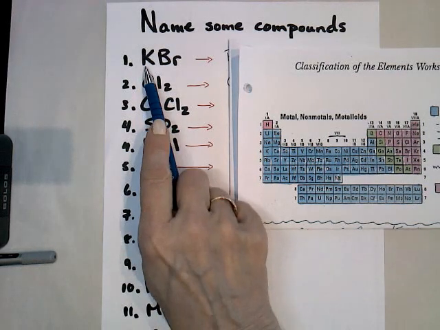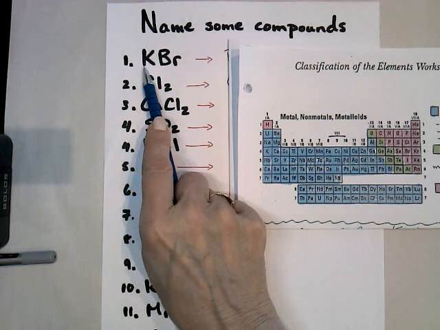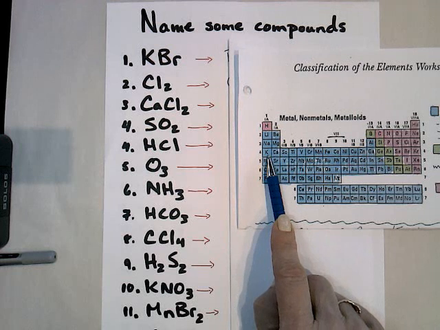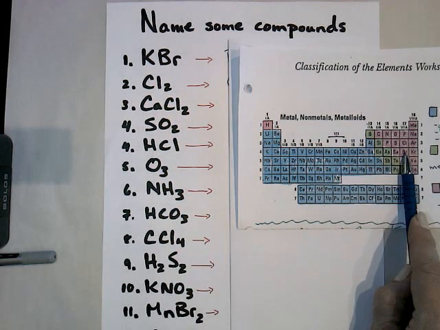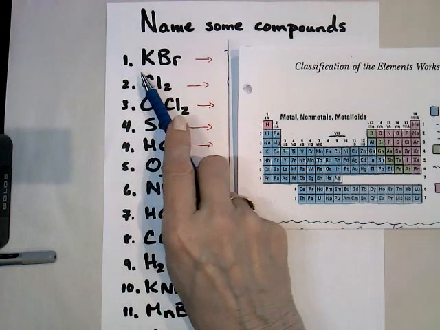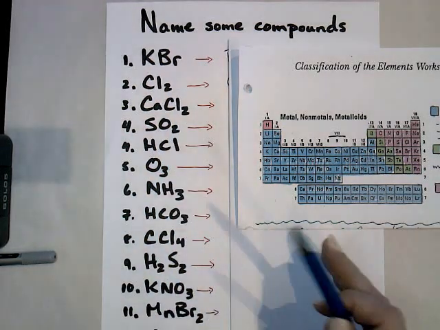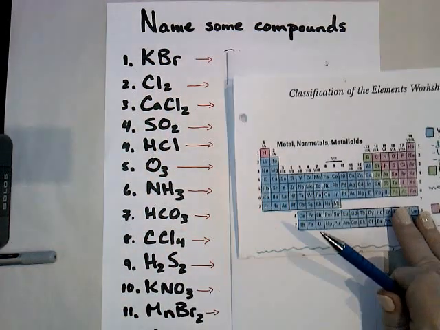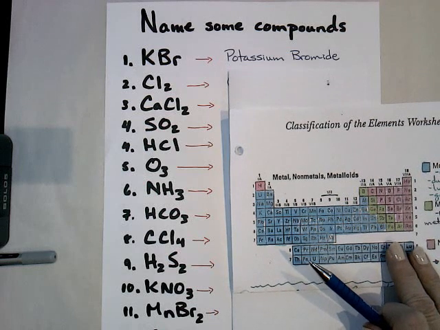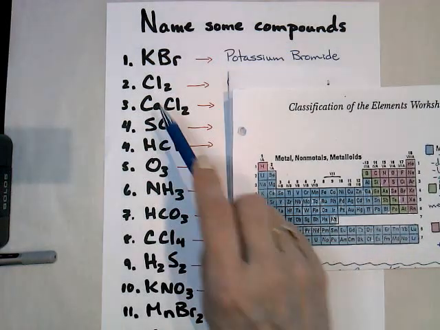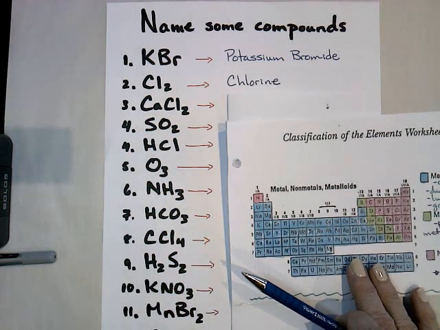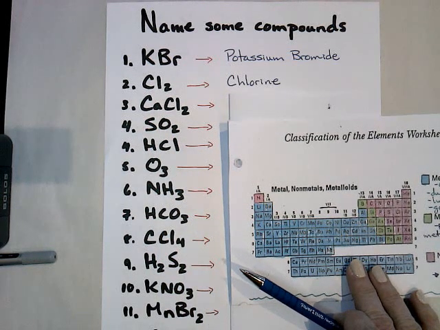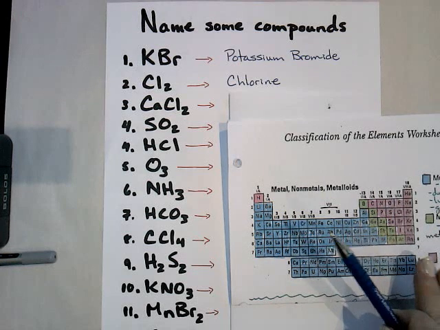So you're looking, you're going, okay, K, that is potassium and it is a metal, and Br, that is bromine and it is a nonmetal. So that would put the potassium first and the bromine second, which is actually already done here. And you can see that that would be potassium bromide. When you have Cl2, it's just chlorine, and so you would just say chlorine. You don't have to say anything else, right? That's the first rule.